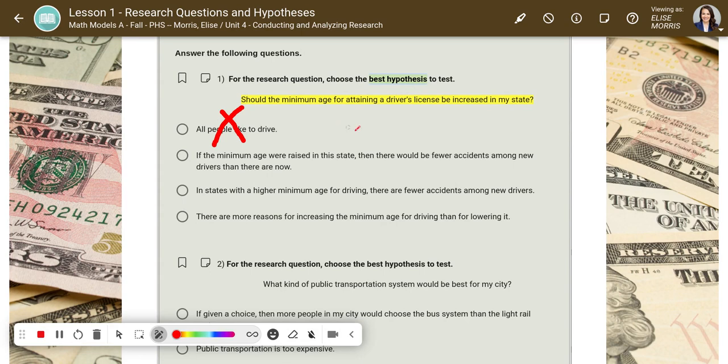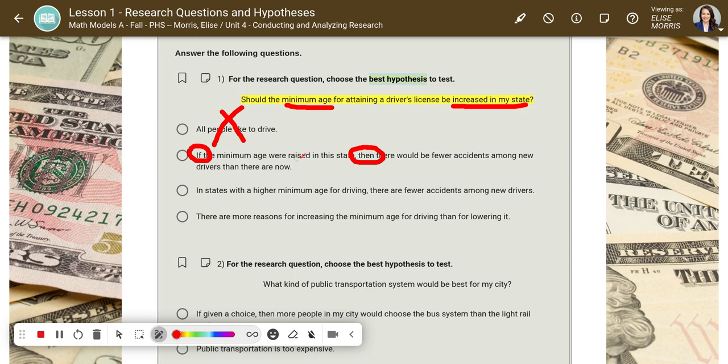All right. If the minimum age, oh, there we go. Okay, if the minimum age were raised in this state, okay, this is looking good. Minimum age, if it were increased, that's raised in my state. Okay. And we have that if, which is nice. And here's your then.